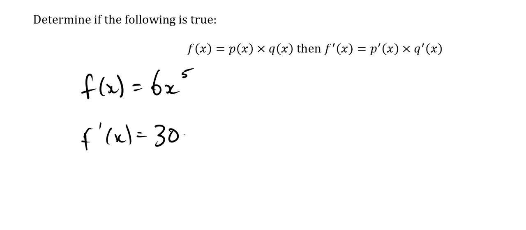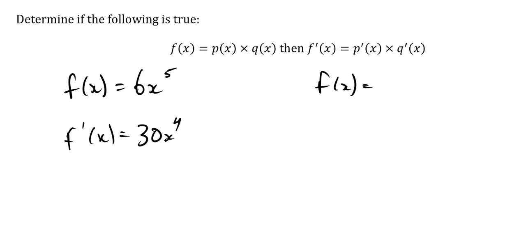Very good. See, nothing crazy yet. Can somebody help me break that function up into the product of two other simple functions? This is where you need a little bit of creativity.